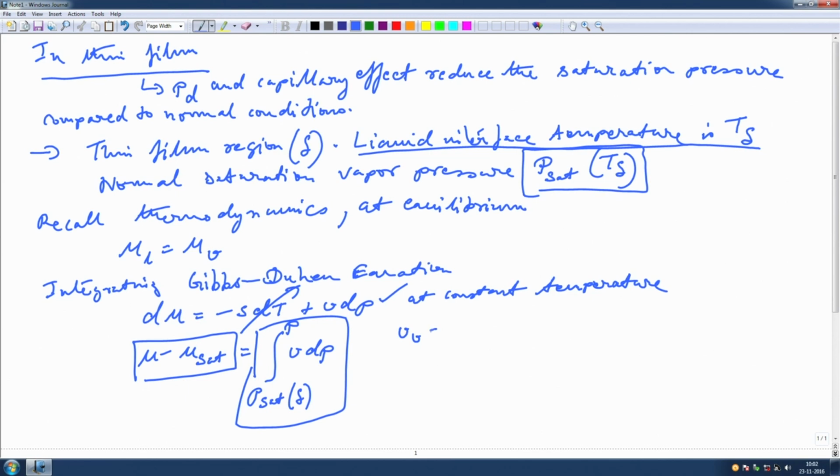One is that your Vv, that is the specific volume of the vapor phase, is given by Rg T delta divided by the corresponding PV, correct.